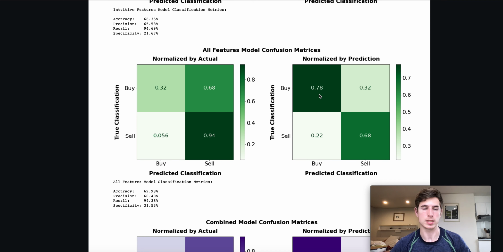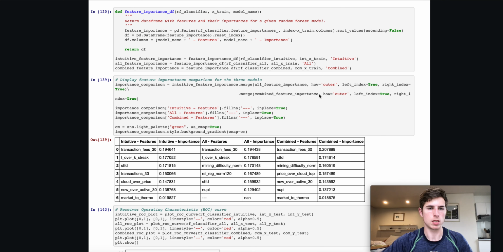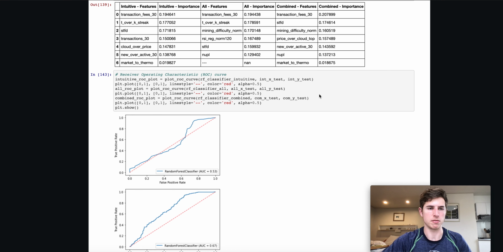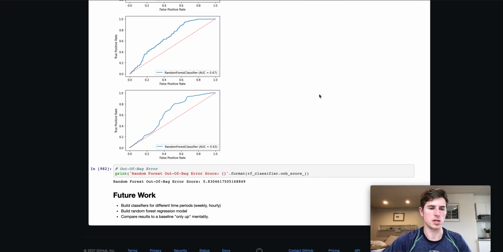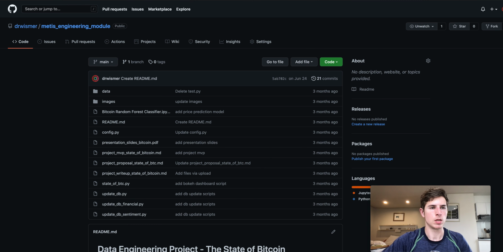It's at best another data point amongst a series of data points that we've shown on the dashboards. And I think that about covers what we have here in this model. There's more stuff down here for feature importance, some ROC curves, but I won't get into that now. So that covers the random forest classification.